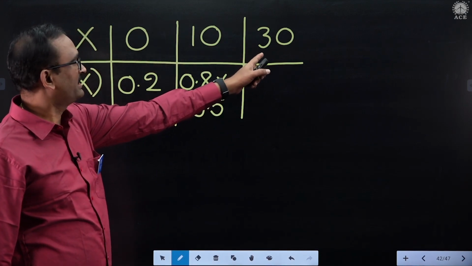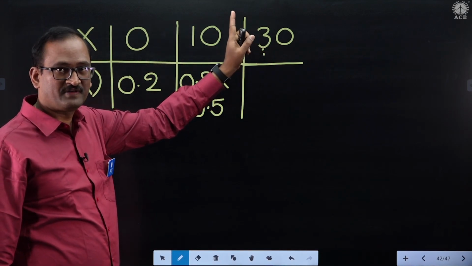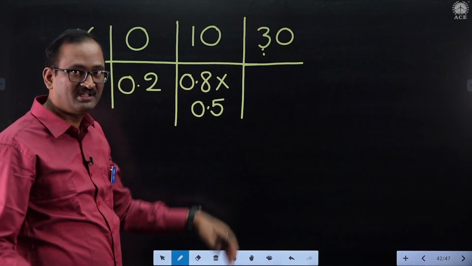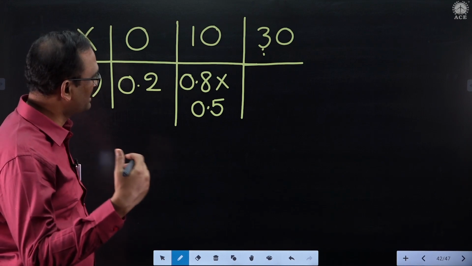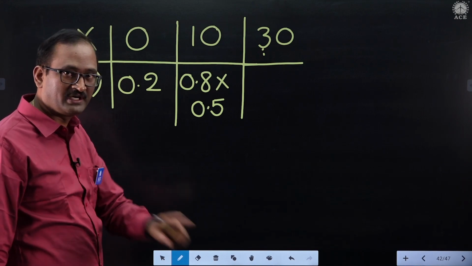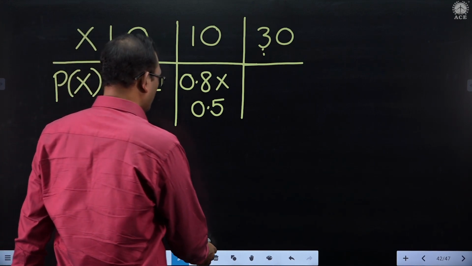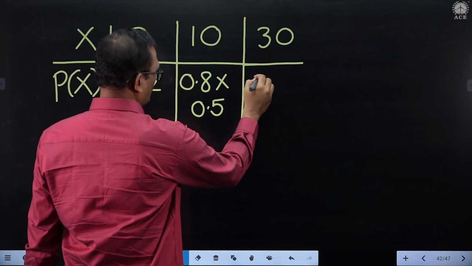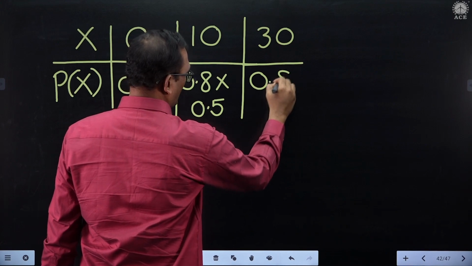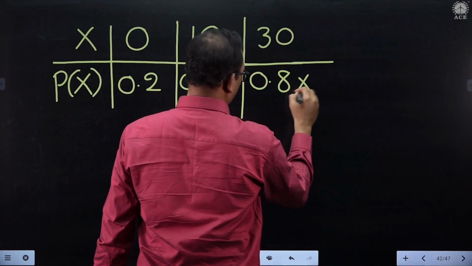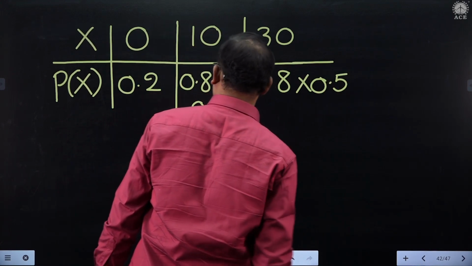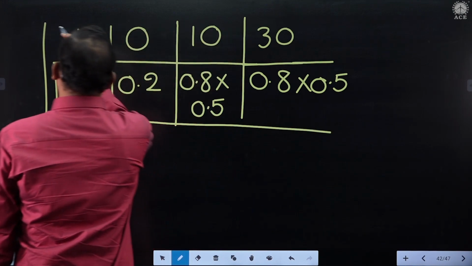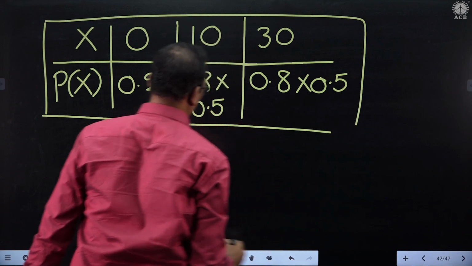Now student getting 30 marks: first question correctly attempted, he will get 10 marks, second question correctly attempted, he will get 20 marks. 10 marks plus 20 marks, he will get 30 marks. That means first question is correctly attempted 0.8 and second question is correctly attempted 0.5. This is the distribution table. Now we just need expected marks.